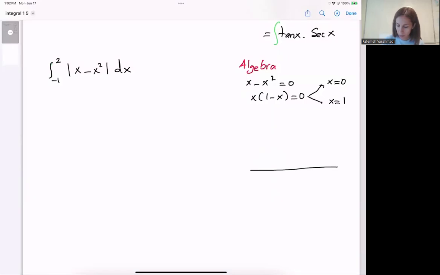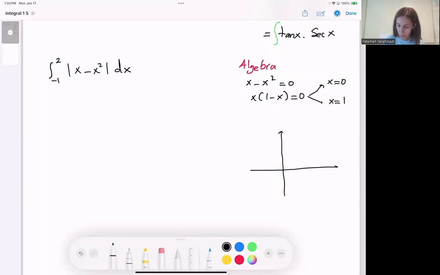So in xy plane, when x is equal to 0, you have a 0. When x is equal to 1, you have a 0 as well, okay? So if you plug in other values, like -1, what do you get?